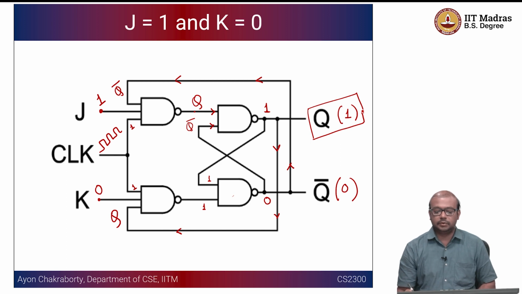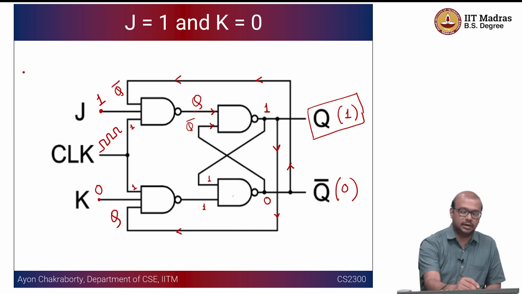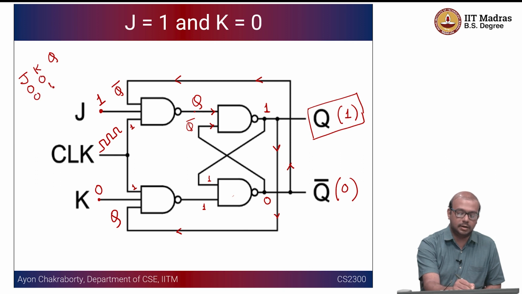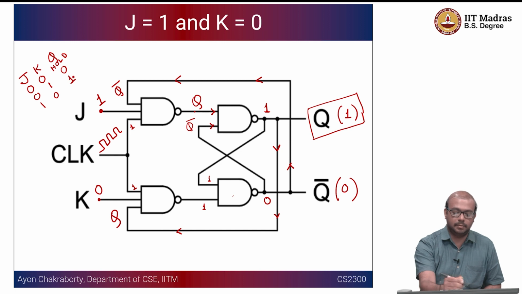Okay, so let us recall j, k and q. We have seen examples of 0, 0, 0, 1 and 1, 0. Okay, so 0, 0 was a hold state, right? Memory hold. 0, 1 was q being set to 0 and 1, 0 is q being set to 1.